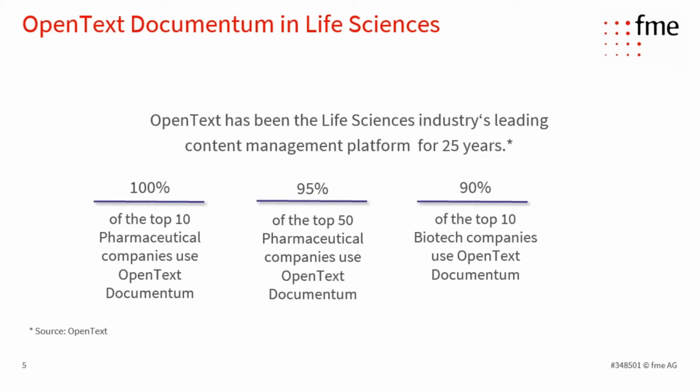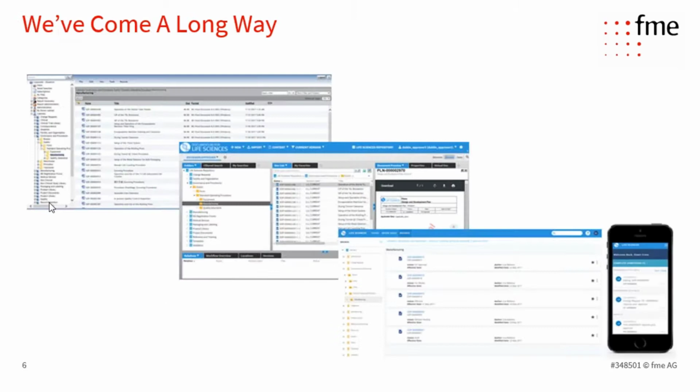Some good facts: 95% of the top 50 pharmas are using OpenText Documentum, and lastly, 90% of the top 10 biotech are using OpenText Documentum. This gives you some substance on what the industry thinks of the platform and how it benefits them in terms of their business process and what they're trying to achieve as an organization around their enterprise content management platform.